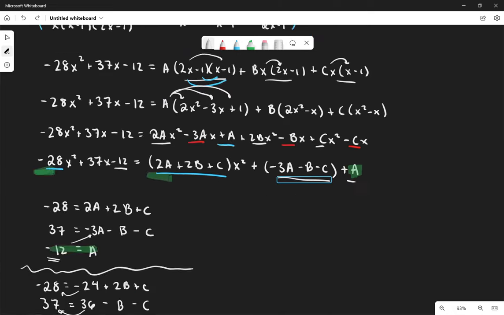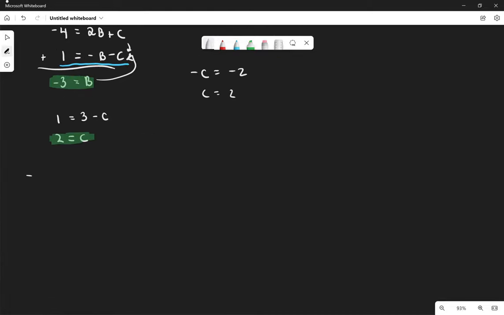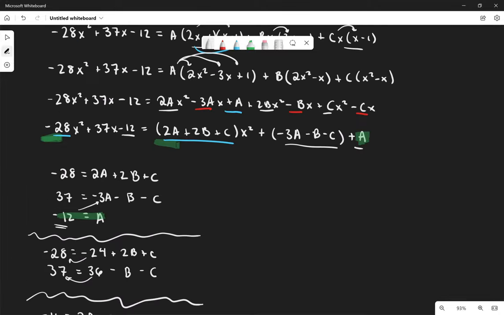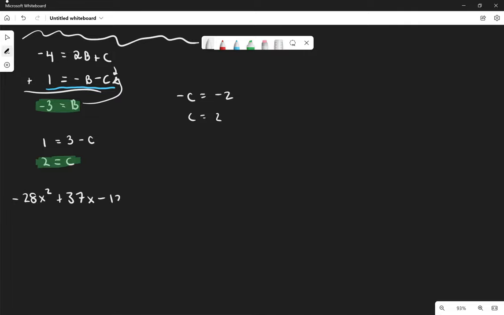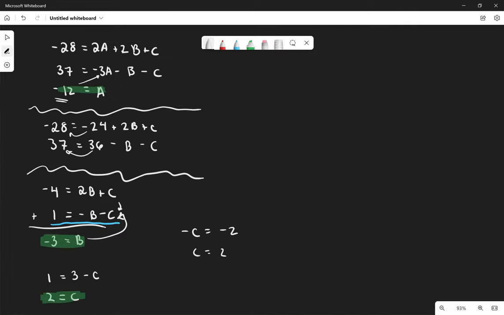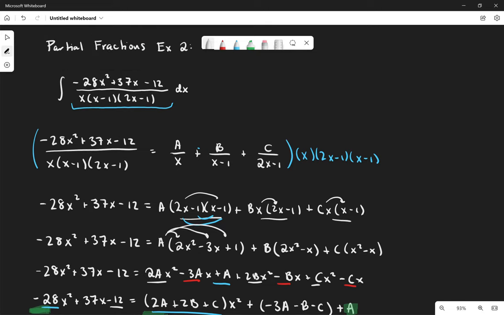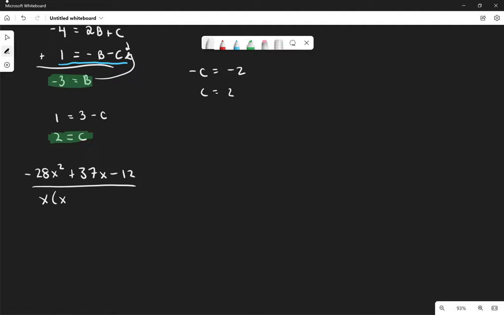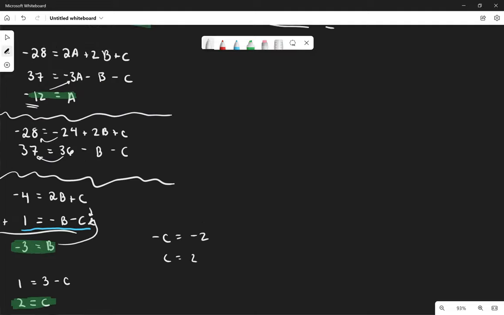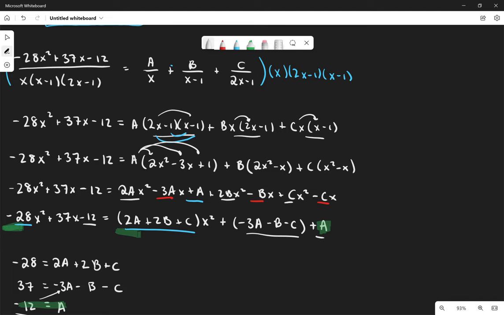Here, negative 28x squared plus 37x minus 12 over x times x minus 1 times 2x minus 1 equals, and I've got a over x.